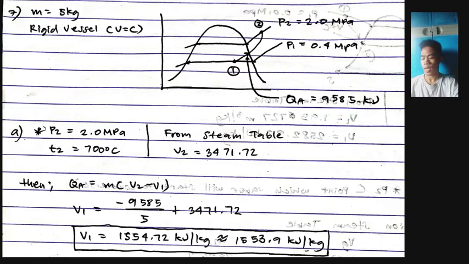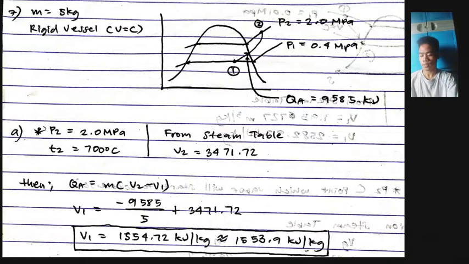So A, okay, at P2 equals 2.0 megapascal and T2 equals 700 degrees Celsius. From our steam table, U2 equals 3,471.72.